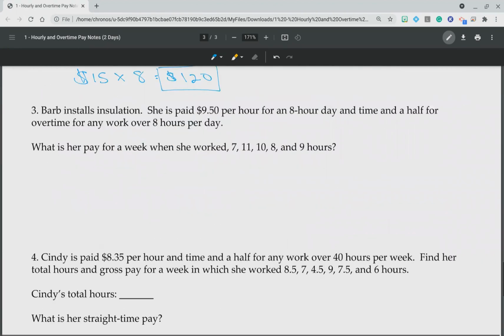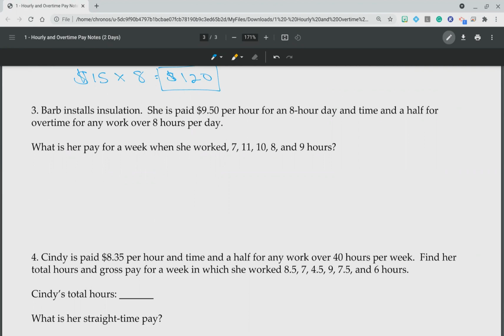All right. Barb installs insulation. She is paid $9 per hour for an 8-hour day and time and a half for overtime for any hours worked over 8 hours per day.